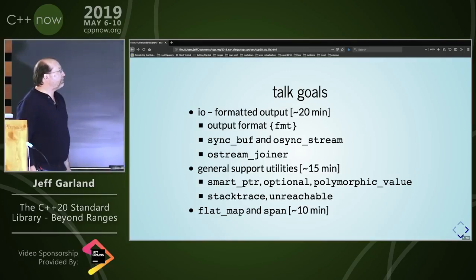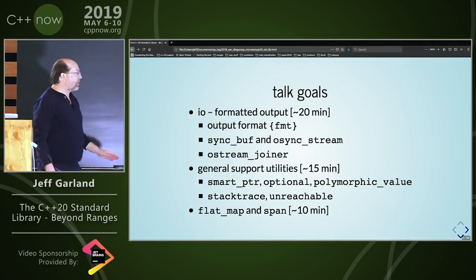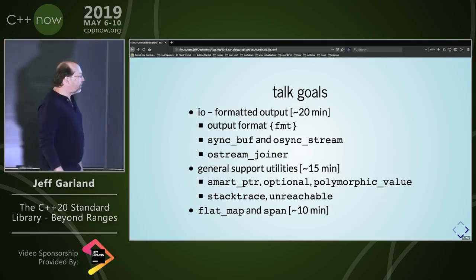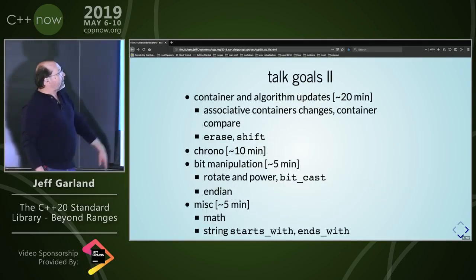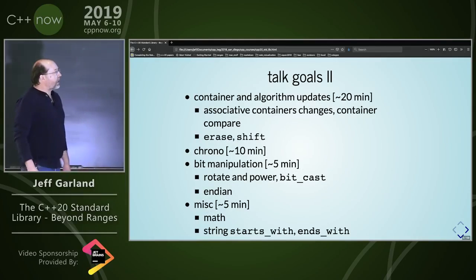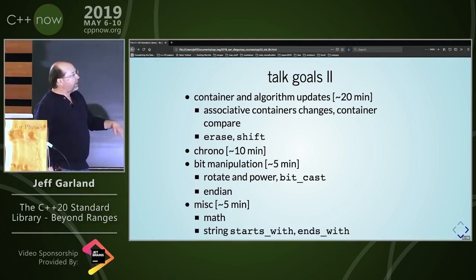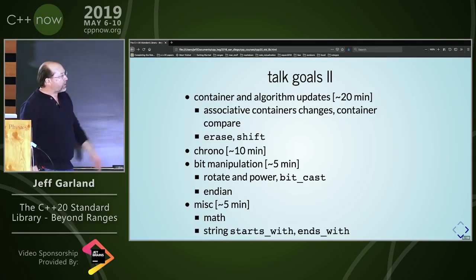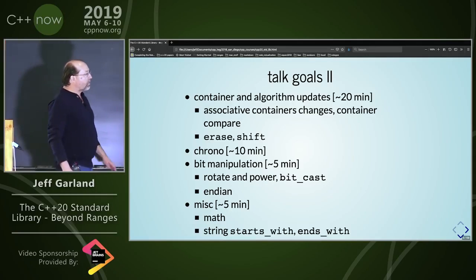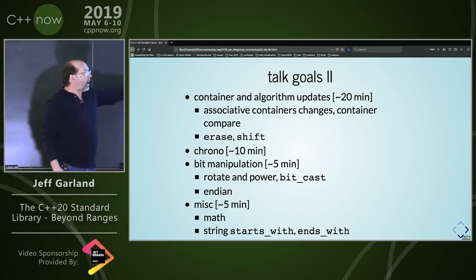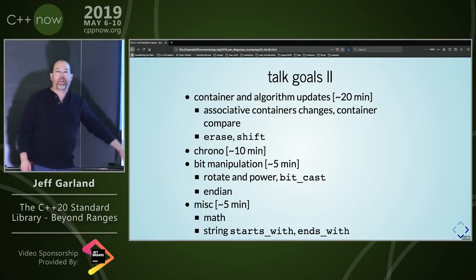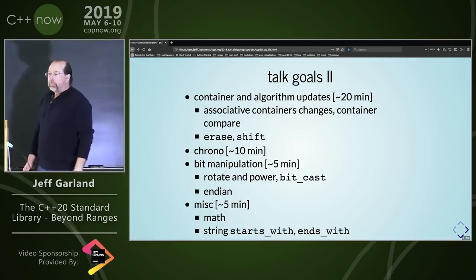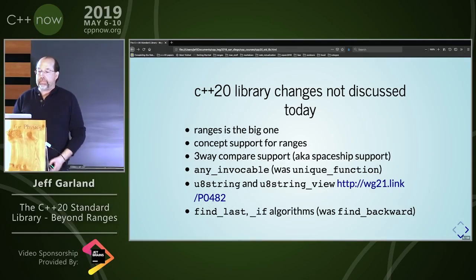Flat map and span, some larger size containerish view type things. And then a bunch of things with containers and algorithms. There's a major update to Chrono, which I'll tell you about. And then some smaller stuff at the end. If we don't get to this stuff, we don't get to this stuff. But we will try to get there.